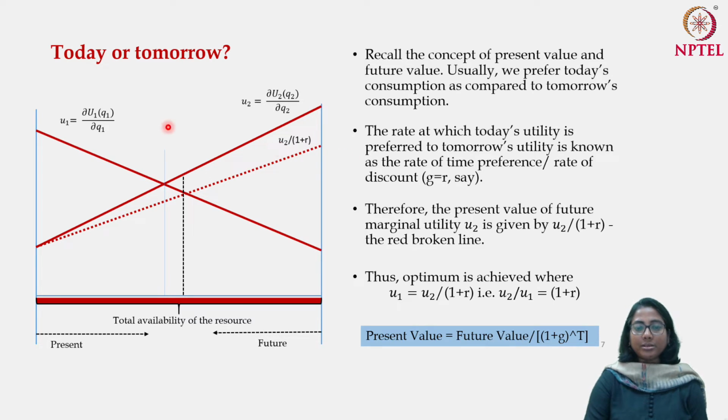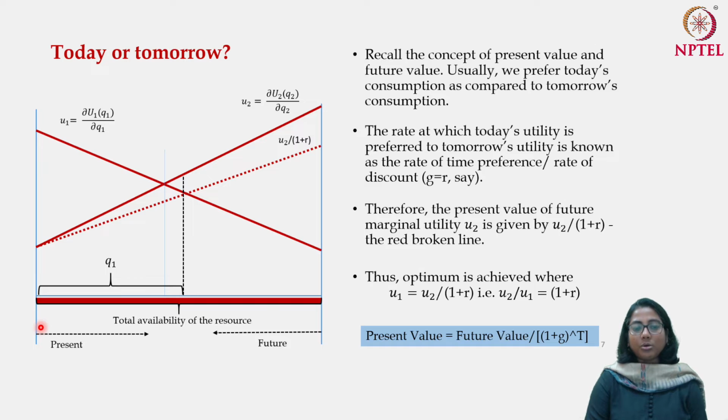This intersection between the red broken line representing U2 by 1 plus R and the solid line of U1 gives you the point of optimality, or tells you how the resource needs to be divided between today and tomorrow. If this is the point of equality between U1 and U2 by 1 plus R, this is the Q1 amount, measured from the left hand side.